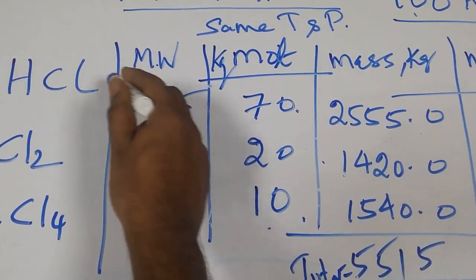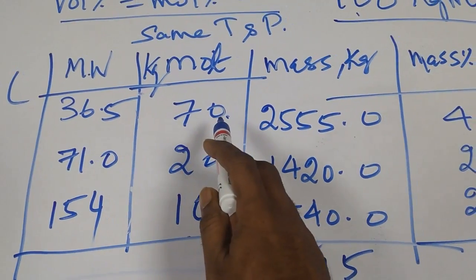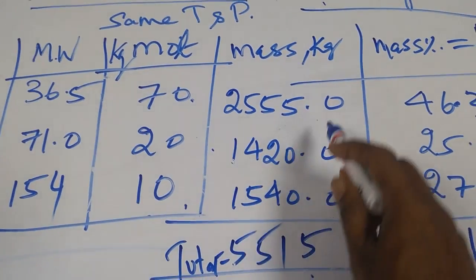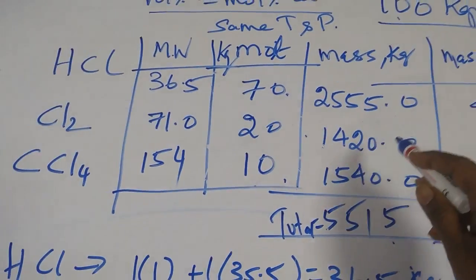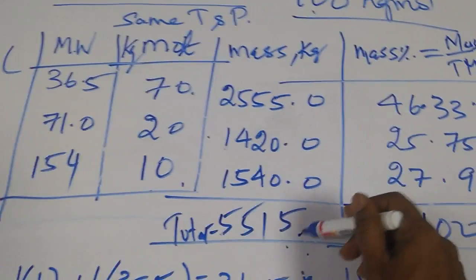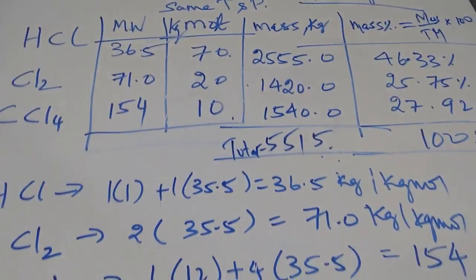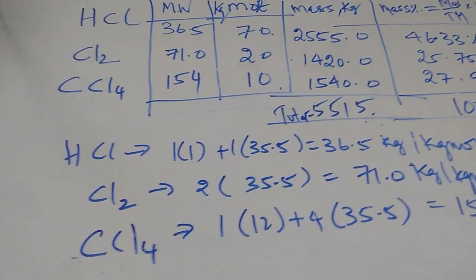So we have written that molecular weight. Molecular weight multiplied by moles, we get mass. The summation of the mass of the three components gives us total mass. Mass divided by total mass gives us mass percentage. So we get mass percentage like this.